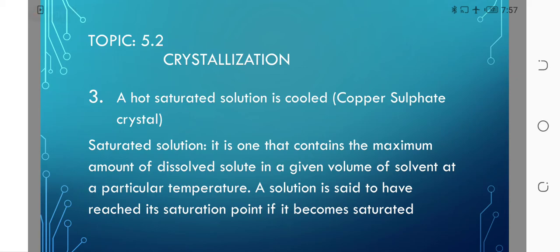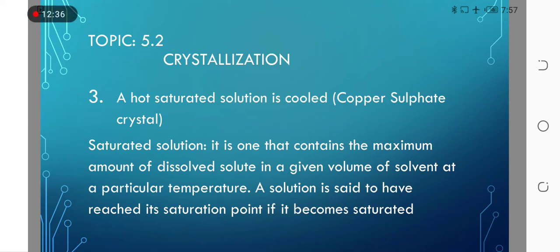For example, if we want to make copper sulfate crystals, we can prepare a hot saturated solution of copper sulfate, pour some of it onto an evaporating dish, then allow the solution to cool down quickly in the refrigerator and observe the crystal formation.